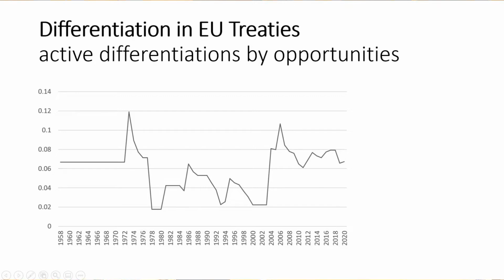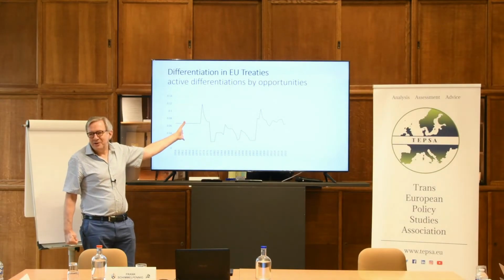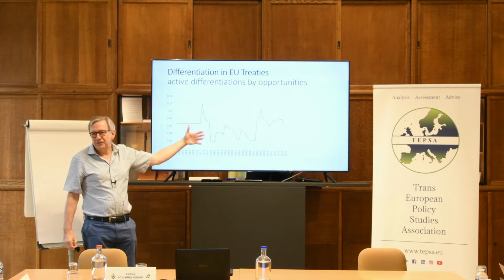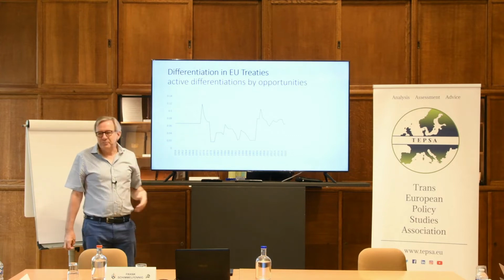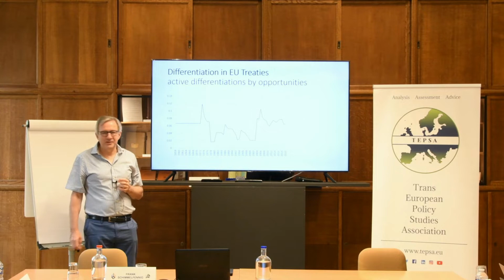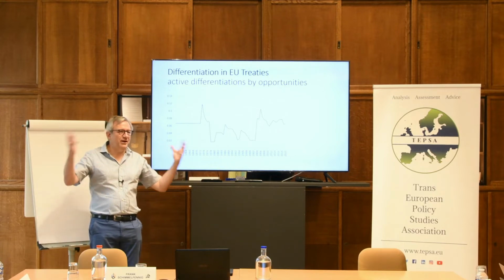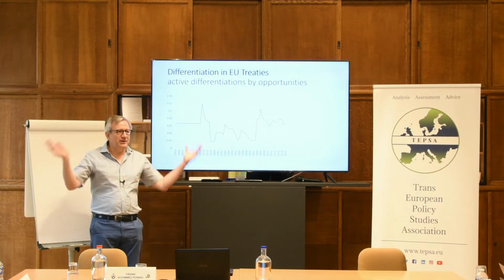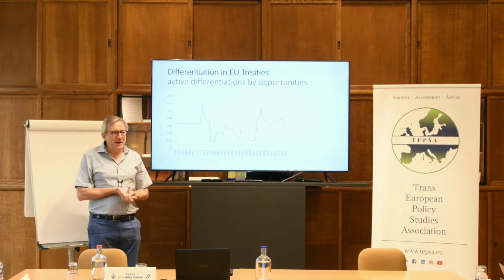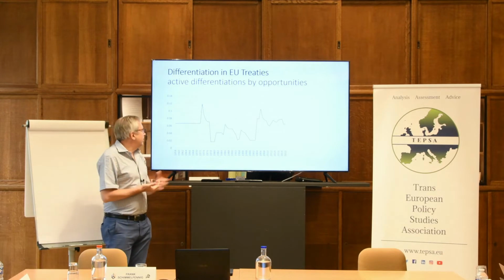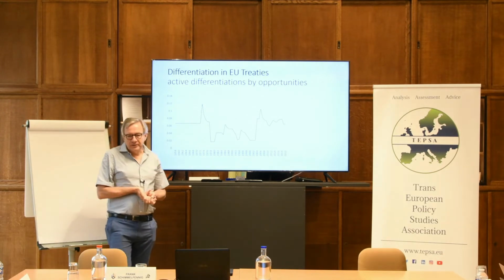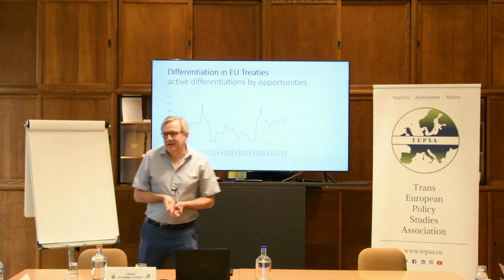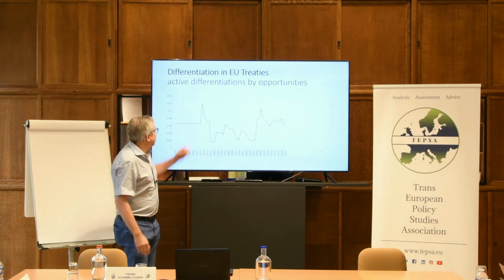I mean, these were temporary differentiations. Here you also see that in relative terms, the northern enlargement had a much larger impact than the eastern enlargement if you control for the opportunities. So again, the other picture is a bit misleading because it seems to suggest that eastern enlargement was such a large boost to differentiation and made the European Union so much more fragmented. Actually, the first enlargement with the UK, Denmark, and Ireland had a relatively slightly larger impact.